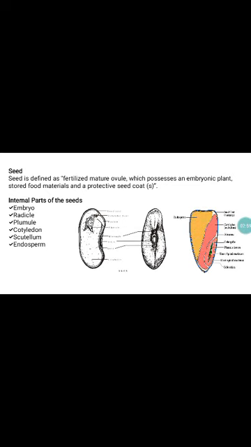Radicle means the tissue corresponding to the development of the root; it is a miniature root. The plumule is the tissue related to the development of the shoot. It is a miniature shoot that appears inside the seed, in the embryo. So both radicle and plumule are in the embryo part.